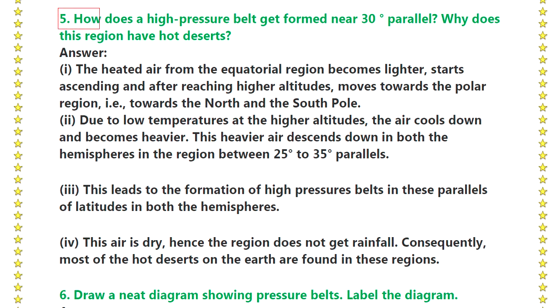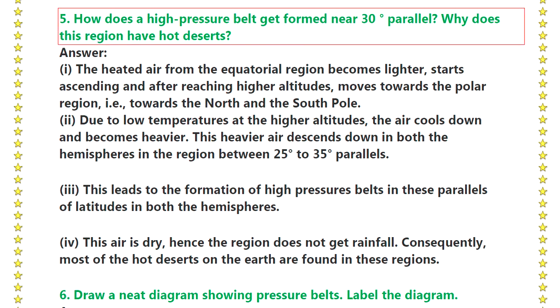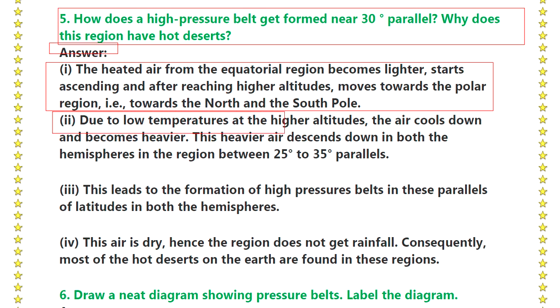Question 5: How does a high pressure belt get formed near the 30 degree parallel? Why does the region have deserts? Answer: first point, the heated air from the equatorial region becomes lighter, starts ascending, and after reaching higher altitudes moves towards the polar region, that is towards the north and the south pole. Second point, due to the low temperatures at higher altitude, the air cools down and becomes heavier.